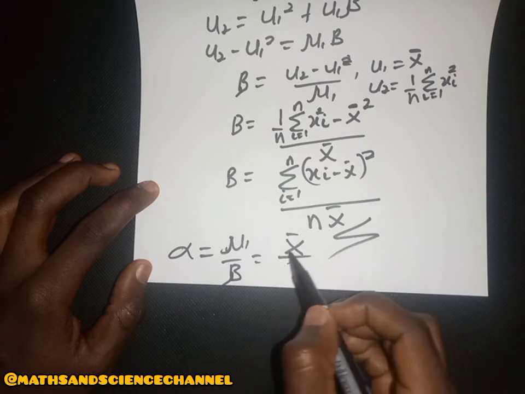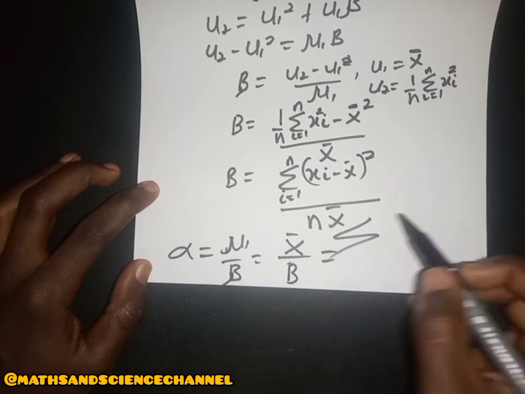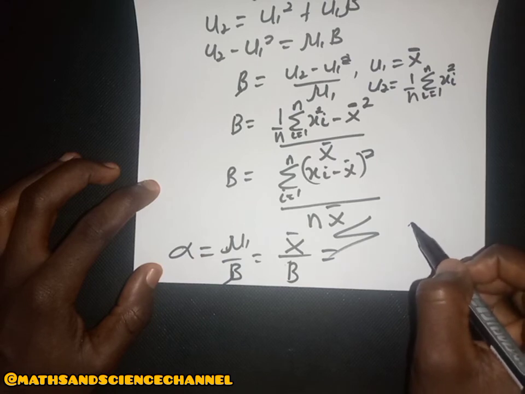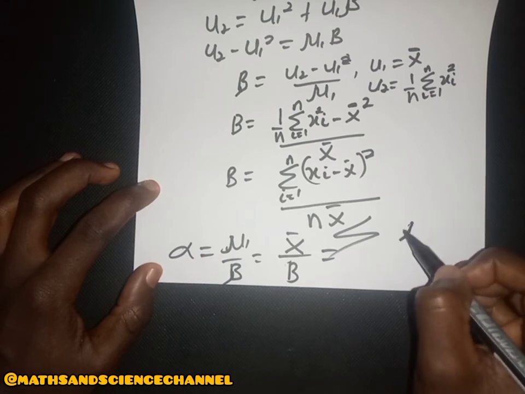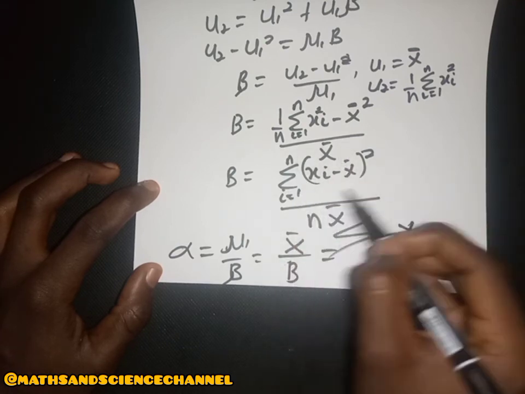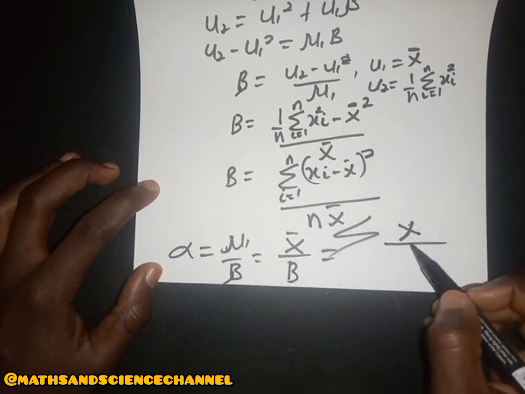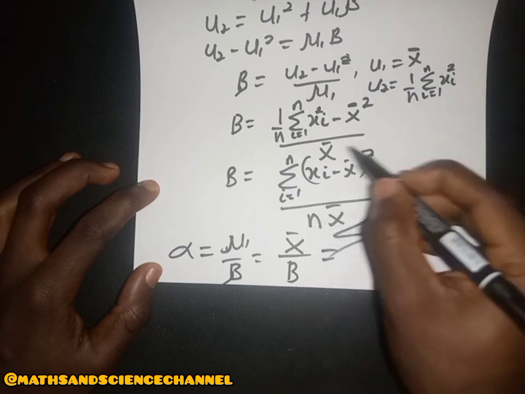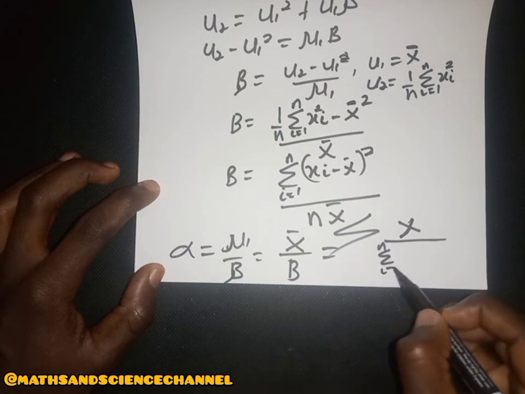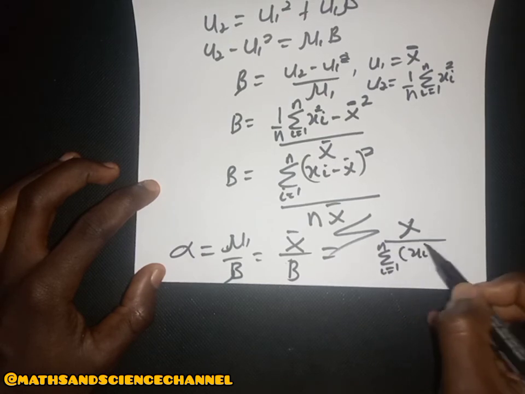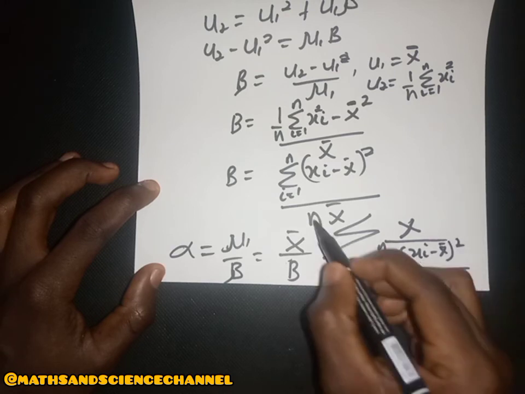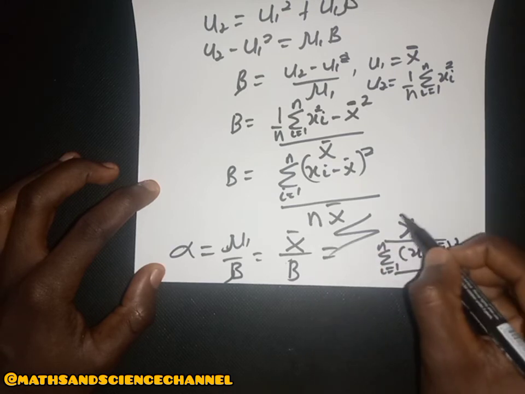So writing this in an appropriate manner, then alpha will be equal to the mean divided by beta, which is just the whole of that. So now this moves up because it comes up. So let's do it one after the other. x_i minus x bar squared divided by n x bar. Remember it is x bar.